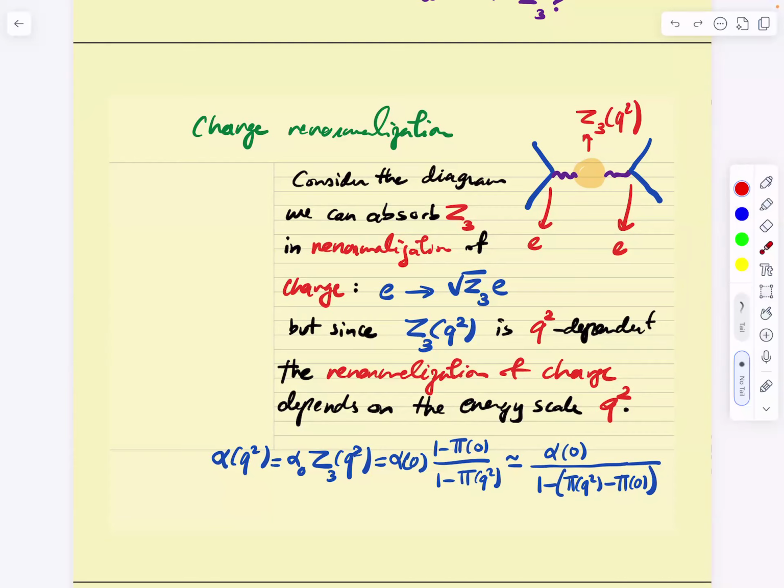So consider the following process. There are e's, e naught's, and this propagator for the photon now has Z3 of q squared. That you could view as some sort of a normalization of e's. But now something really interesting happens. Can you tell what is it?